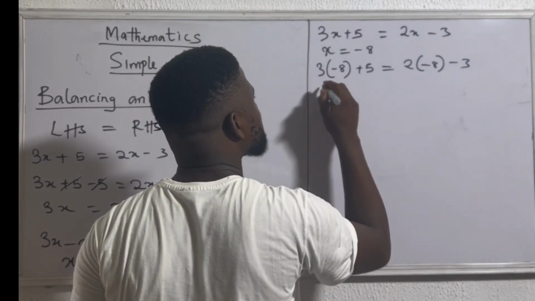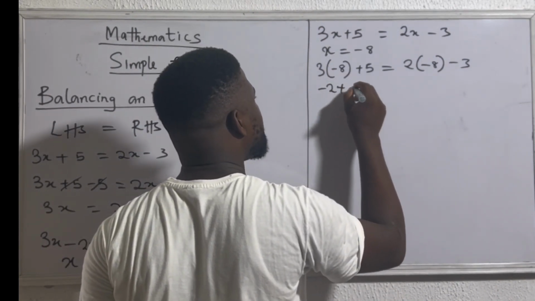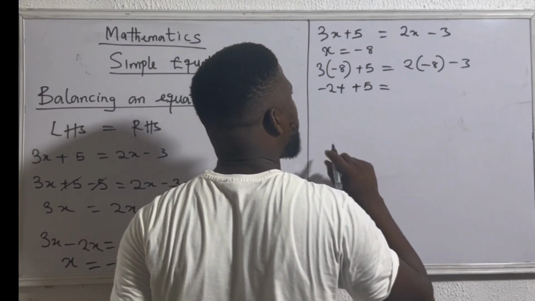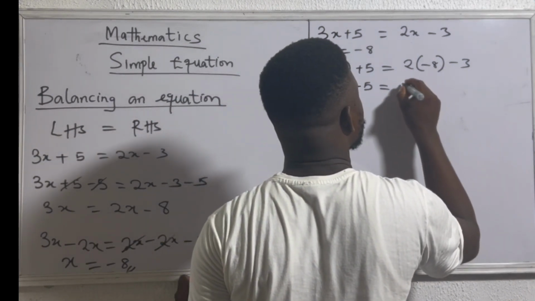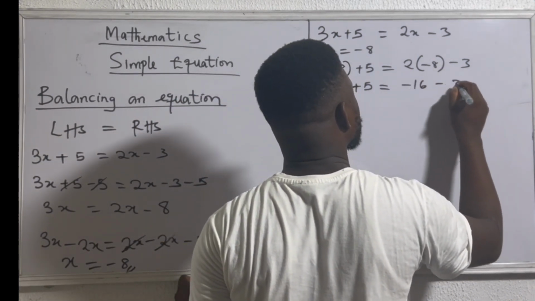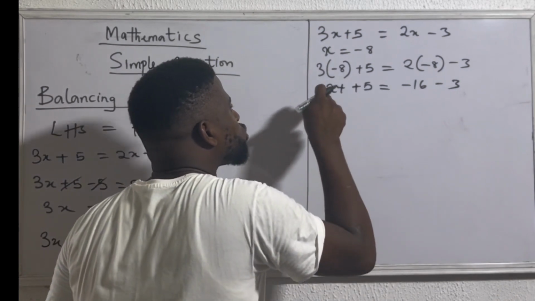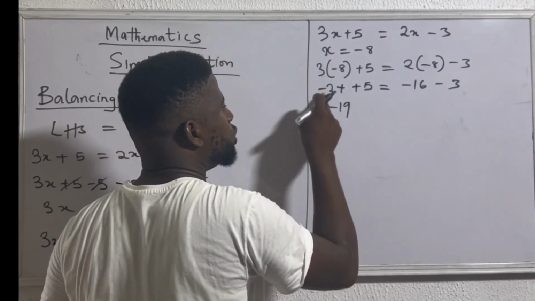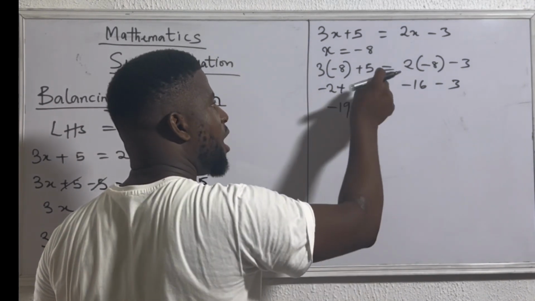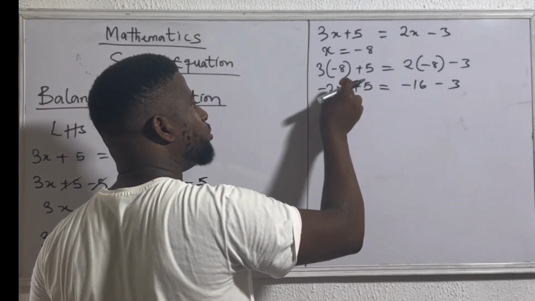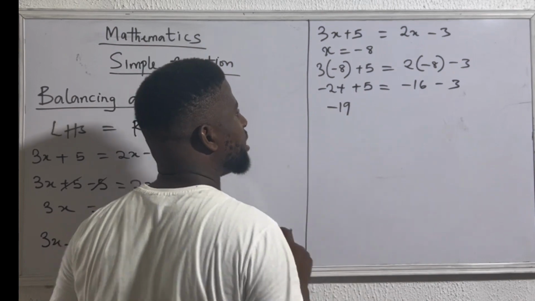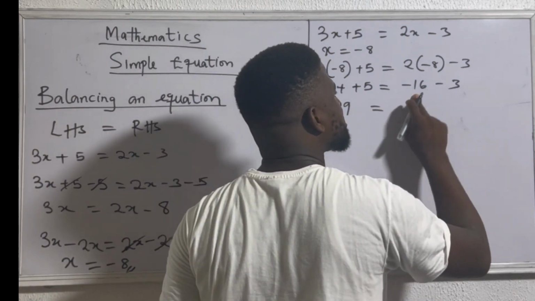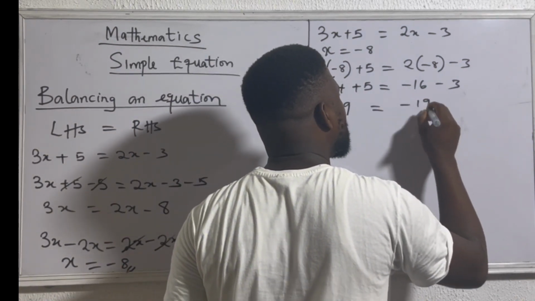3 times -8 will give us -24 + 5 = 2 times -8 will give us -16 - 3. Okay, so -24 + 5 will give us -19. That is, you have a debt of 24, you have 5, so if you pay 5 from your debt, you have 19 debt left. Equal -16 - 3 is -what? 19.